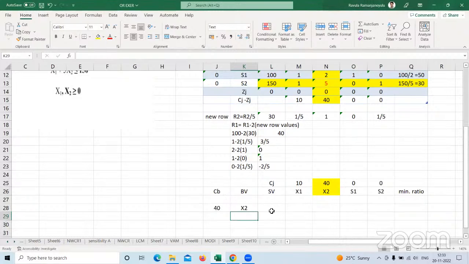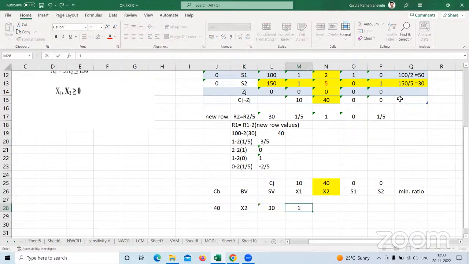Next, all the new values of this row: 30, 1 by 5, 1, 0 and 1 by 5. We need to consider those. These are the values for the second row. In the first row, we didn't get the key element, so it stays as S1 and the coefficient for this is 0 only.